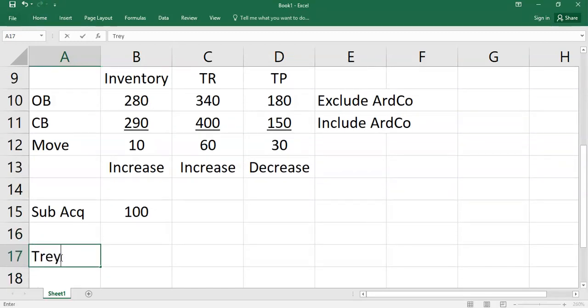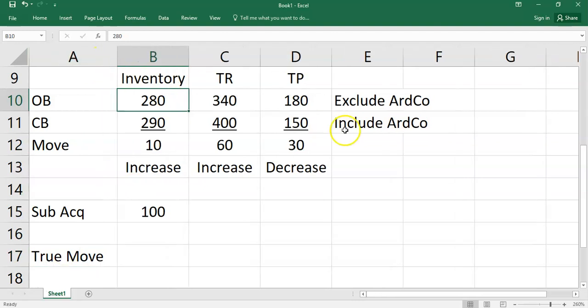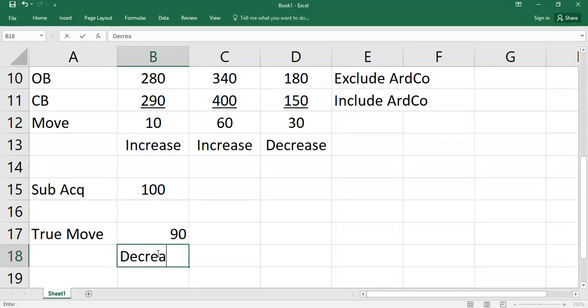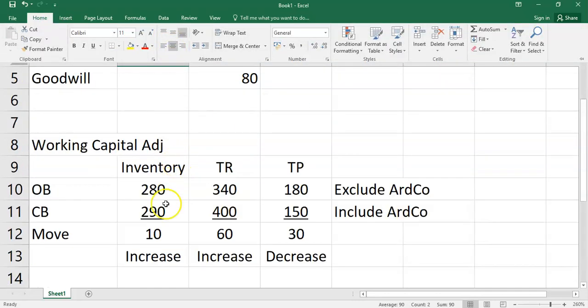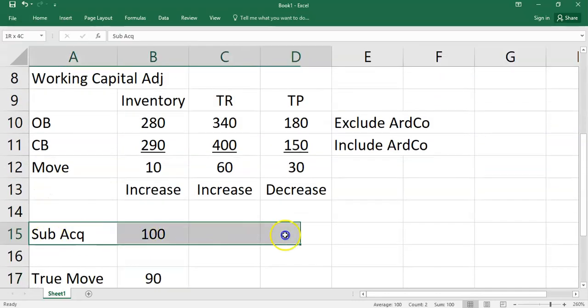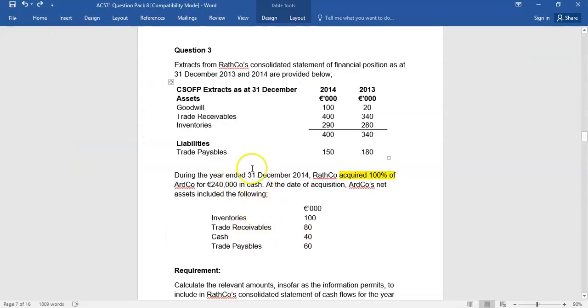So the true movement, if you're comparing like for like, i.e. if you exclude Ardco from both, is actually a decrease of 90. And that's the figure that should go in the group cash flow. Because the acquisition of these subsidiaries is already dealt with through the cash flow impact of the 240 less the 40. So you don't leave them in twice, you'll be double counting it.